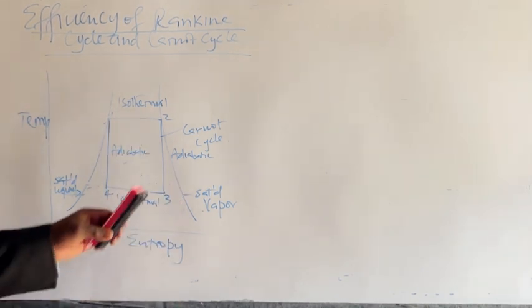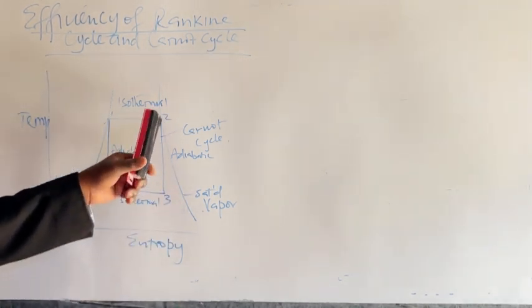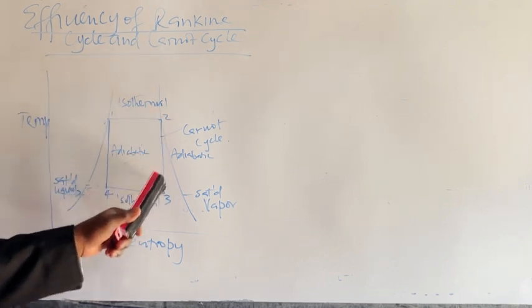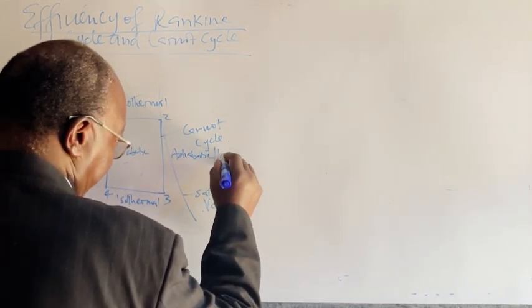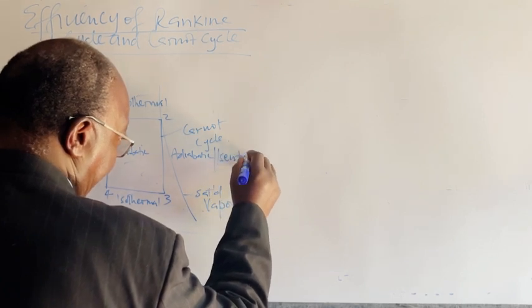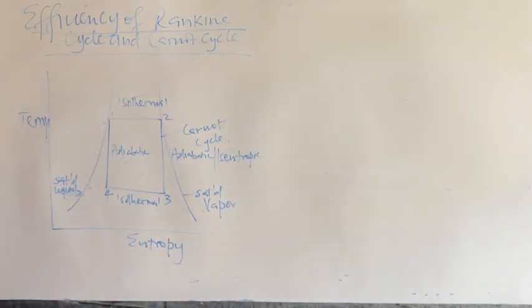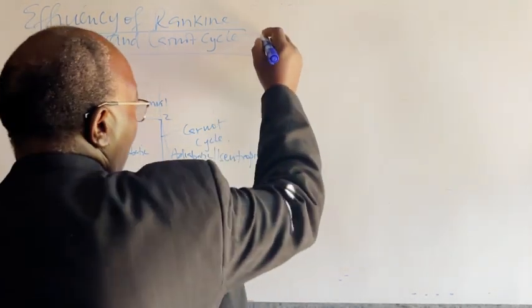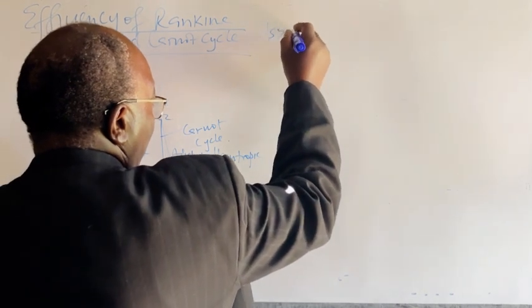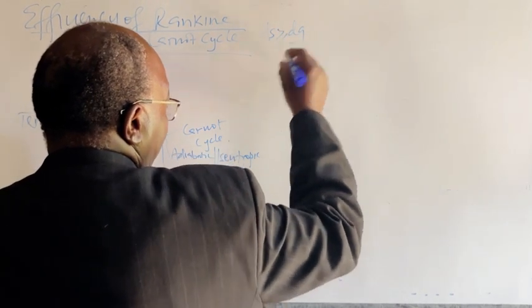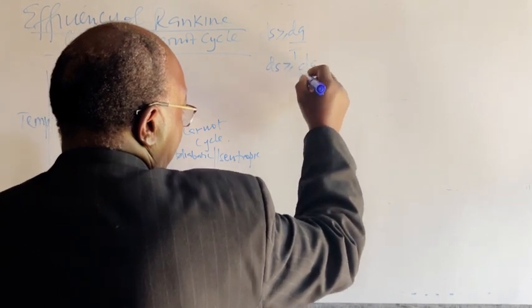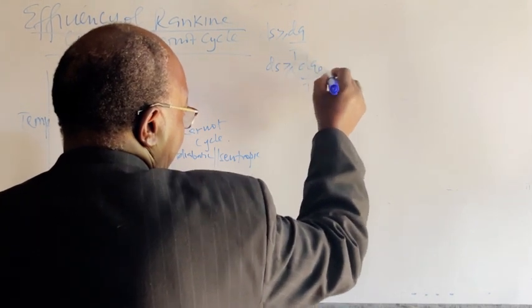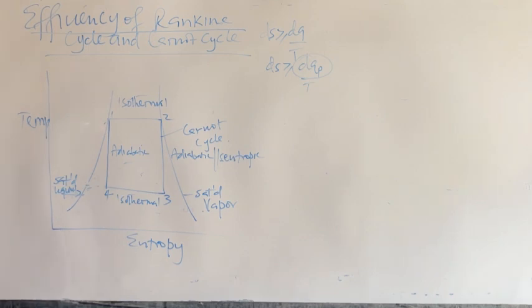Now, remember when you talk of adiabatic, the process 2 to 3, this is an isentropic process. In other words, the entropy is constant. And from Clausius inequality, we say that ds is greater or equal to dq over T. So under constant pressure, ds is greater or equal to dq_p over T, and that is heat transfer under constant pressure, which is enthalpy.